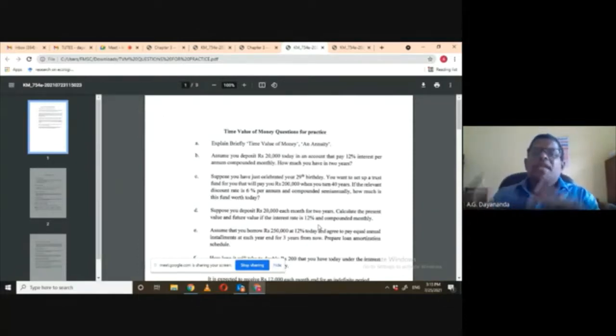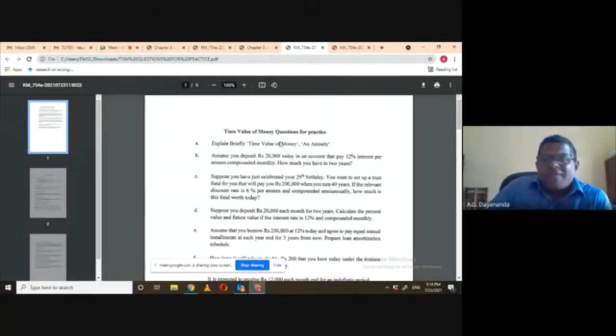In addition to that, we calculate the effective interest rate or effective annual rate. That means the effective annual rate is where you get more compounding, or the frequency of compounding per year for a particular period when interest is declared commonly for 1 year. Right. I think time value of money is not a problem. If you write that time value of money is expressed in terms of interest, the answer is correct.